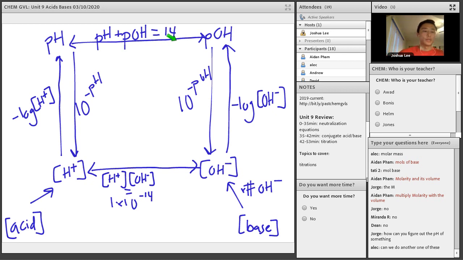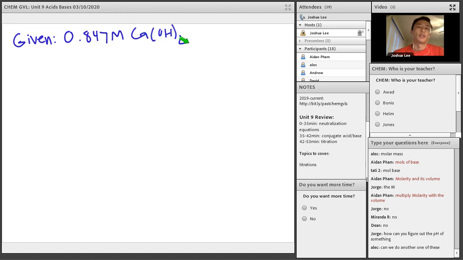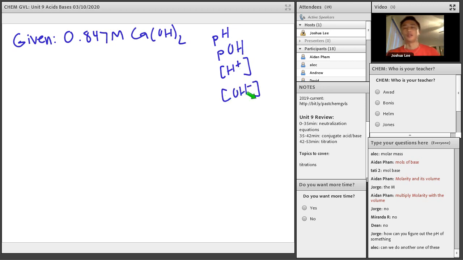So let's practice. Given 0.847 molar calcium hydroxide, find everything. Find pH, pOH, H plus concentration, and OH minus concentration.